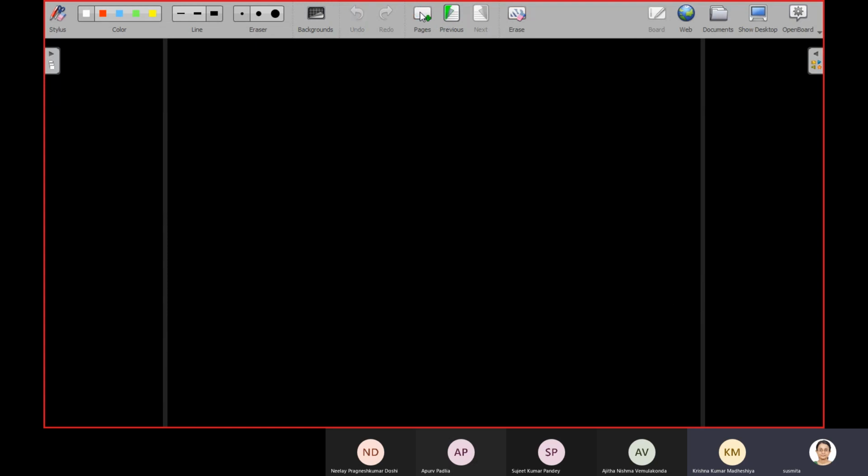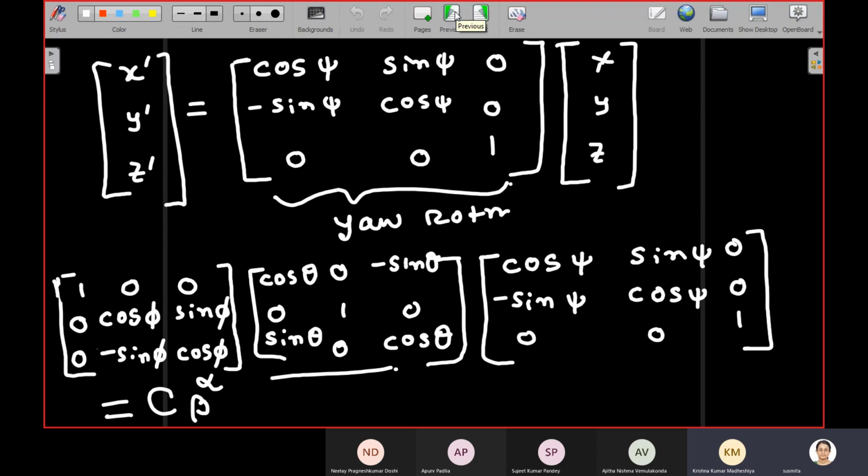Next, discuss some important properties of the coordinate transformation matrix. The first one is its inverse. So, what is the inverse? See here we have applied first psi, then theta, and then phi rotation, right?